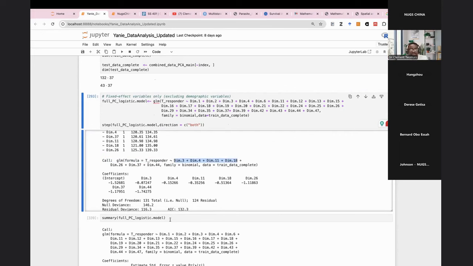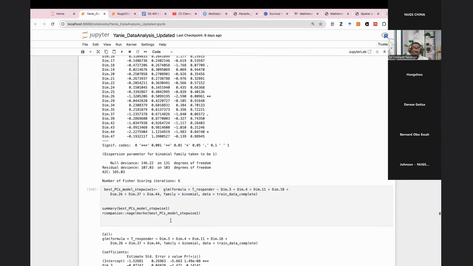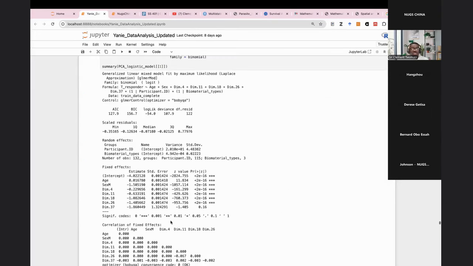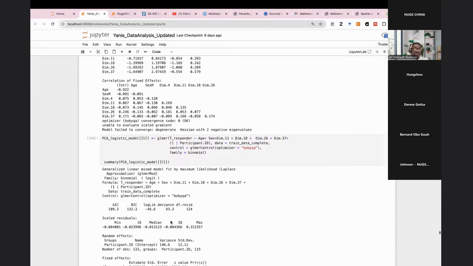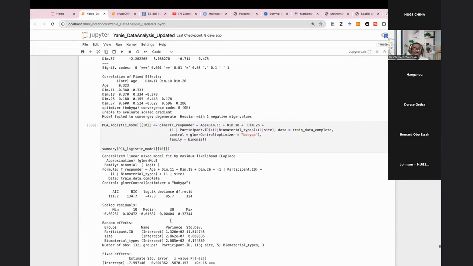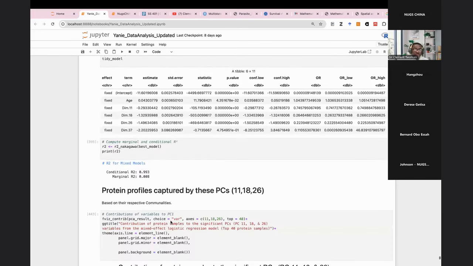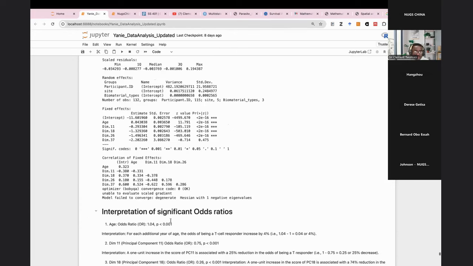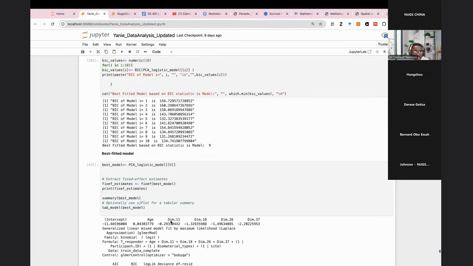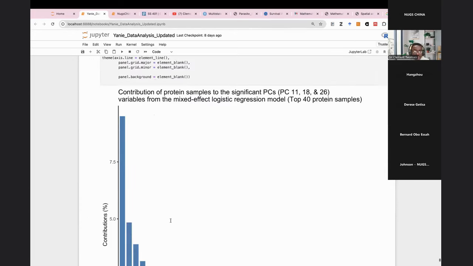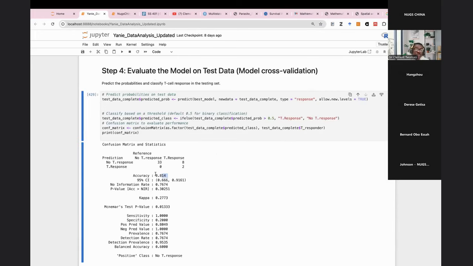Going through that process helped me to get a model that is 81% accurate.